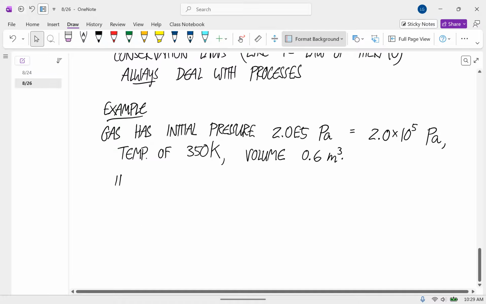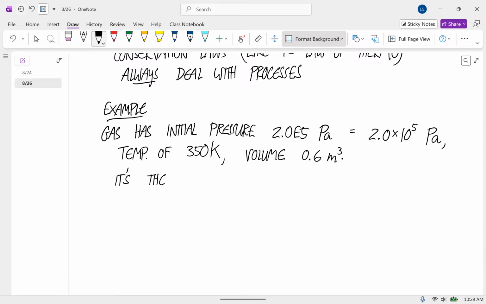It's then compressed to a pressure of 3.0 times 10 to the fifth pascals, a temperature of 400 Kelvin, and a volume of 0.3 cubic meters.